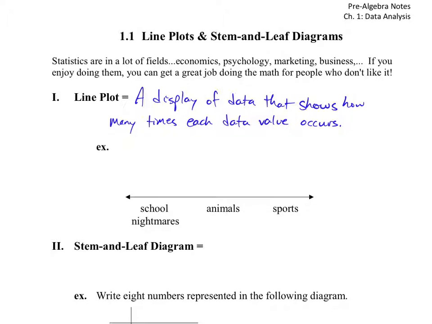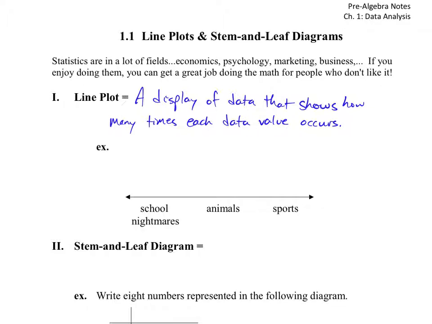So you could just list the number of school nightmare dreams that people in our class had, or dreams about sports. But if you do a line plot, you can see what's going on easier than having to sort through a big list of numbers, especially if you had more than 3 different categories.